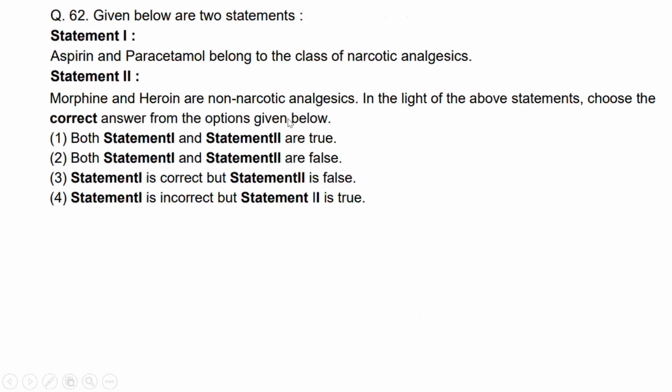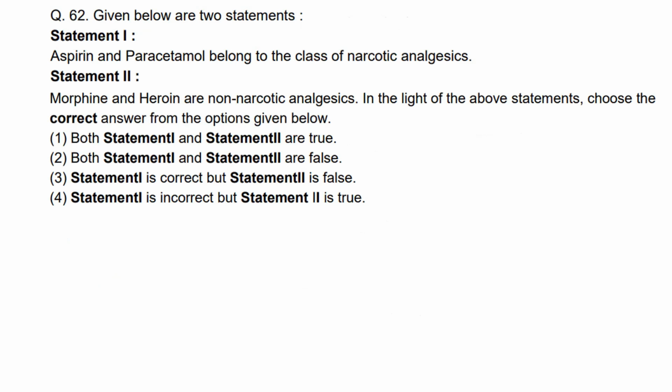Next, question number 62. Given below are two statements. First statement, aspirin and paracetamol belong to the class of narcotic analgesics, and morphine and heroin are non-narcotic analgesics. In the light of the above statement, choose the correct answer from the options given below. Both statement 1 and 2 are correct, that is first option.